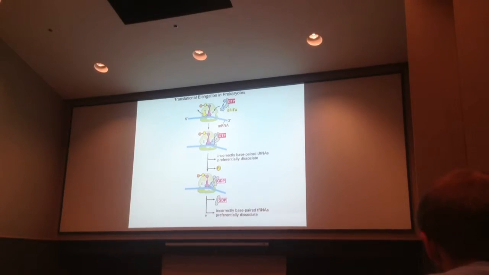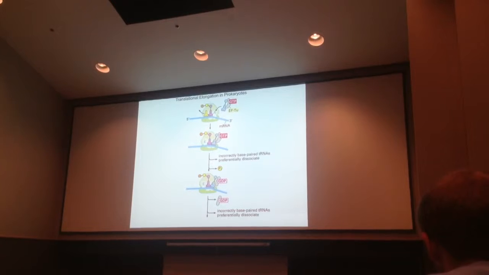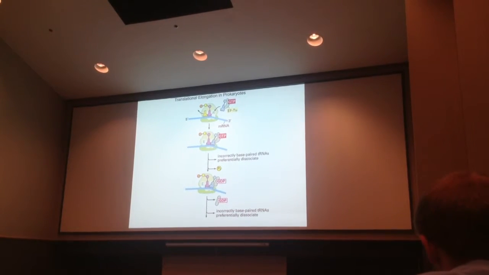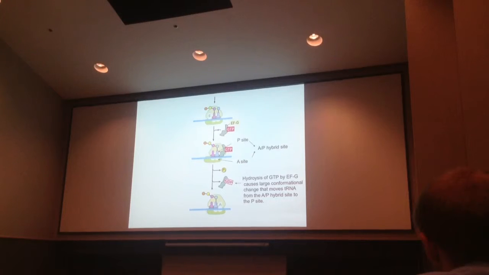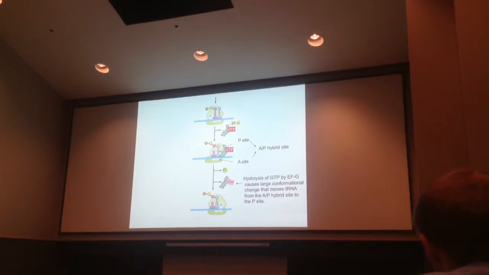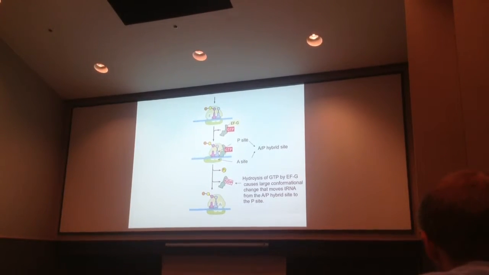You only initiate once. But every single amino acid added after that needs this elongation factor. So there's a lot more of it, and not as much IF2. Okay, so once that happens, then what happens?